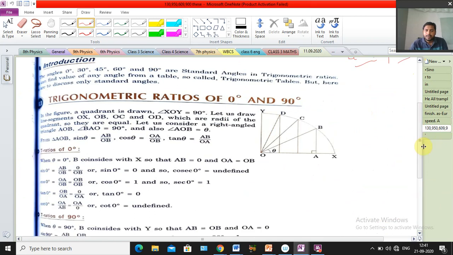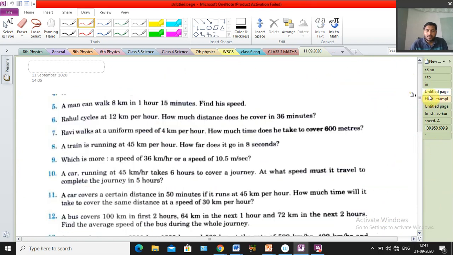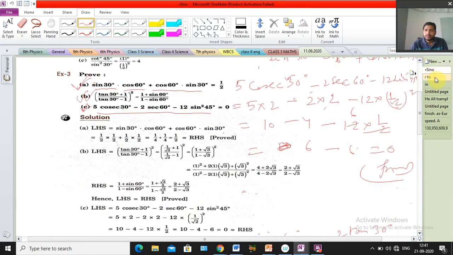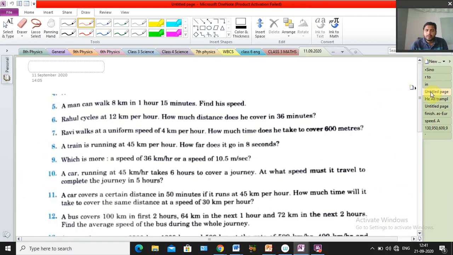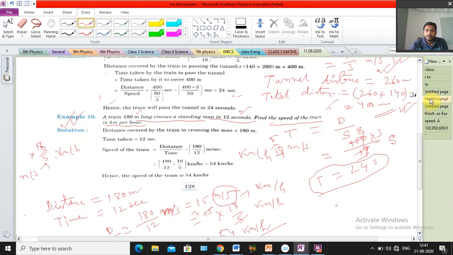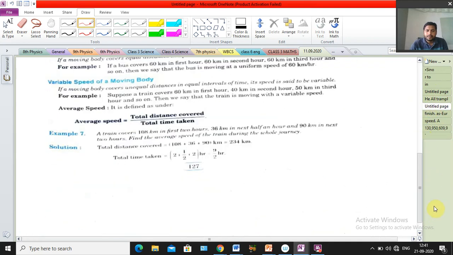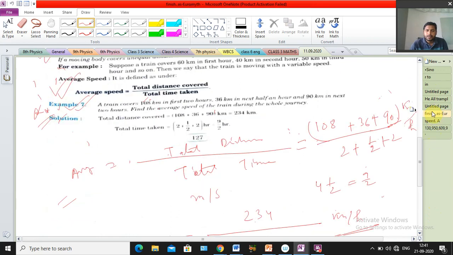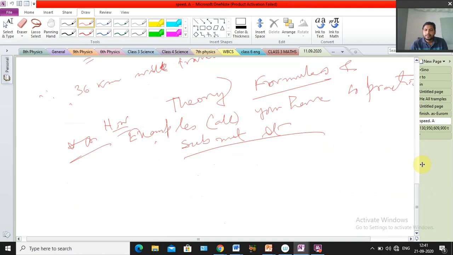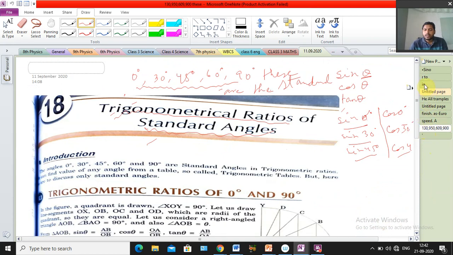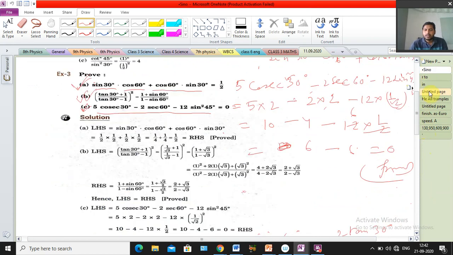So next, just a minute. The next page, there is a little problem with the display, so that's why.